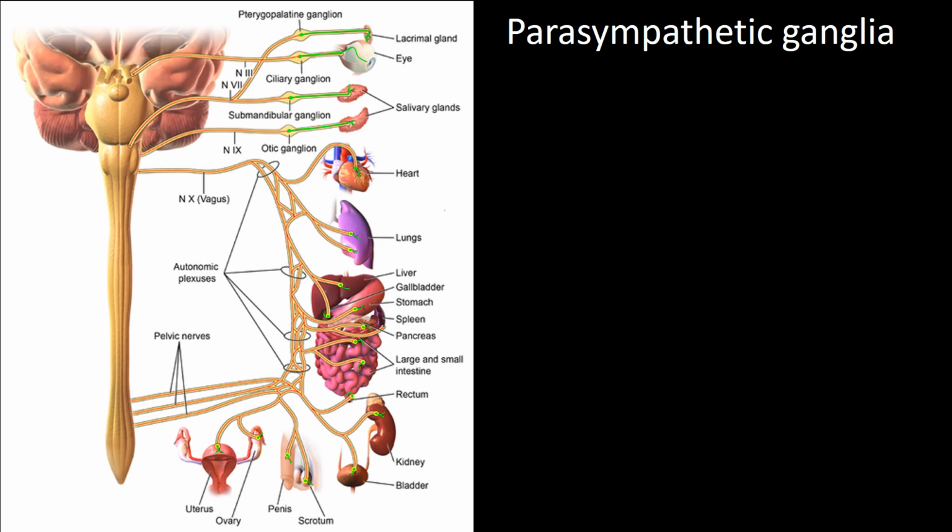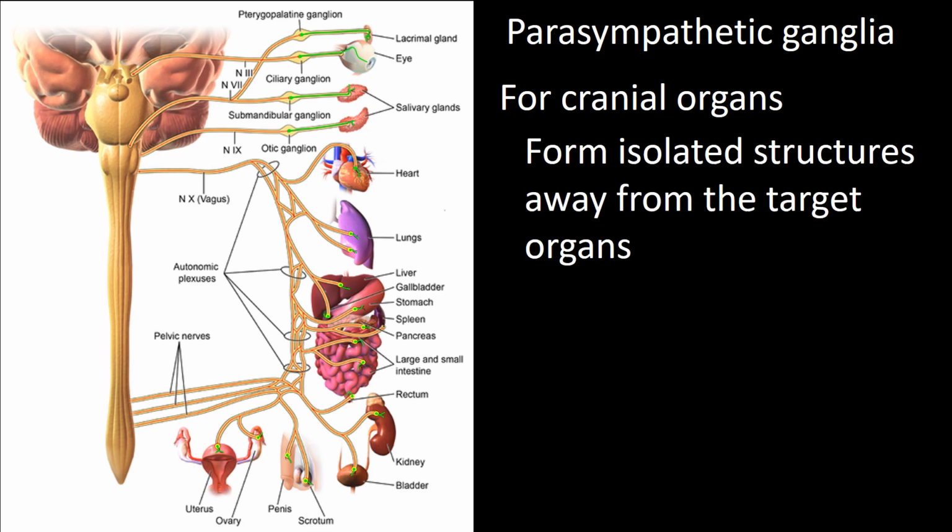The green dots represent the body of the third parasympathetic neurons, and the green lines the axons of the third neuron, which are very short or relatively short. Notice that for cranial organs, the parasympathetic ganglia form isolated structures away from but rather close to their target organs. These isolated structures are the pterygopalatine, ciliary, submandibular, and otic ganglia.